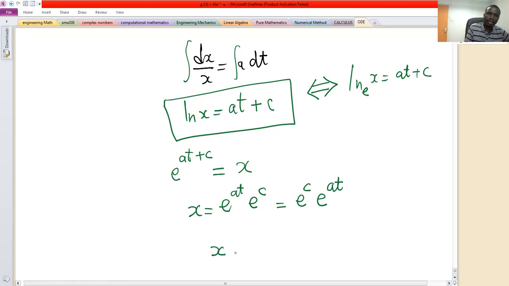So you can write this as x equals A e raised power at, where A is this constant e raised power c.